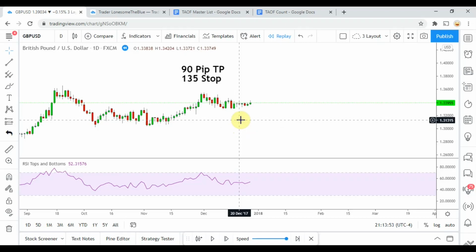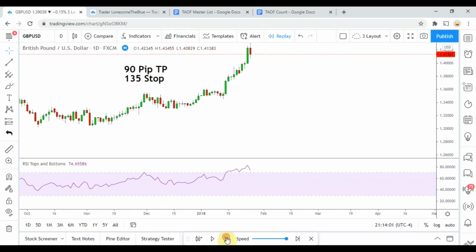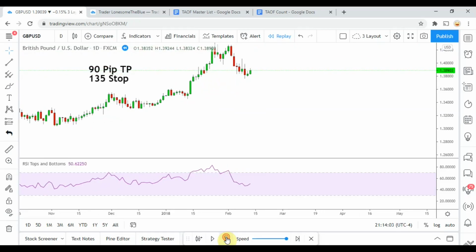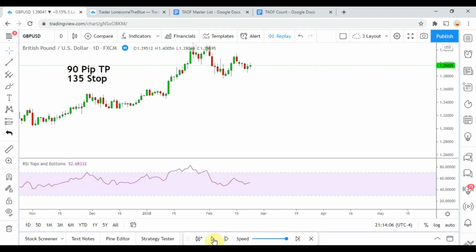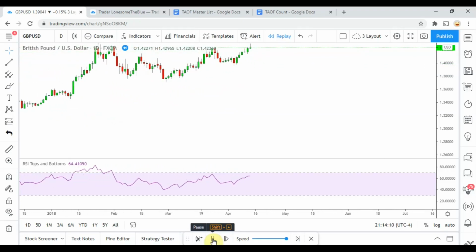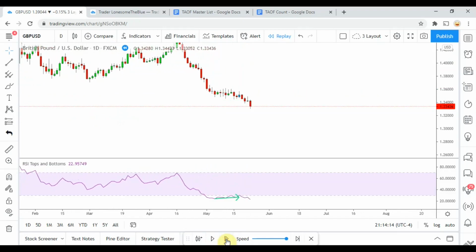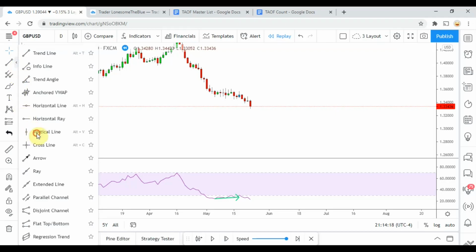So let's get on with the testing of today's indicator. Like I said, we're basically moving along and waiting for an arrow to appear above or below the RSI. So let's go ahead and play this out here. Oops, we skipped past one just barely.